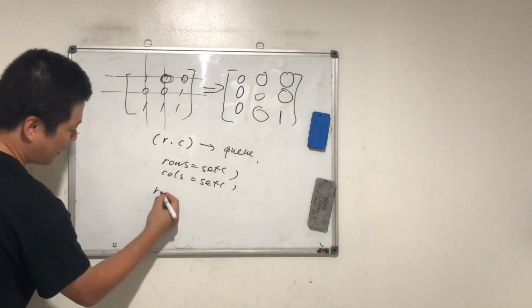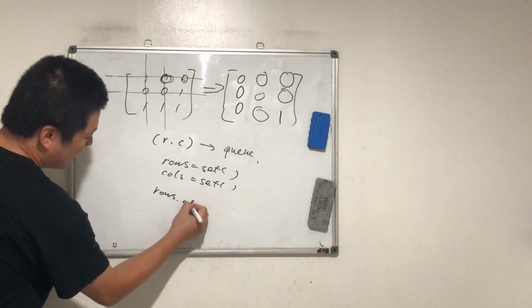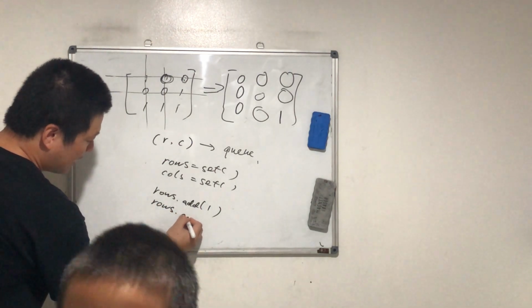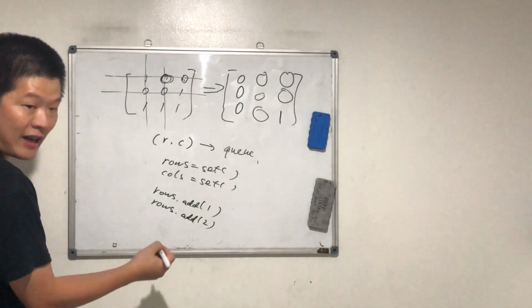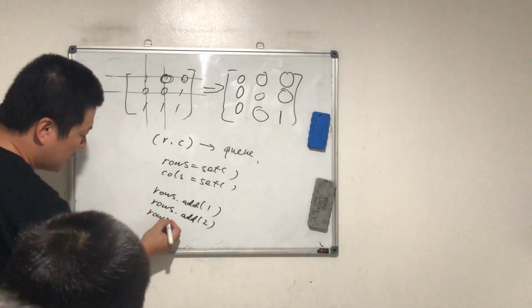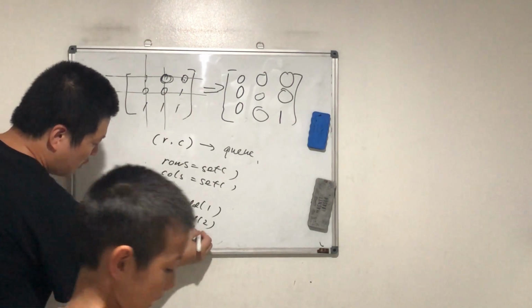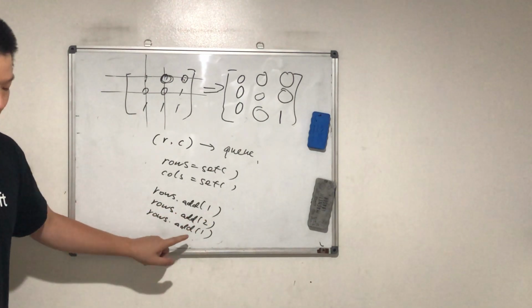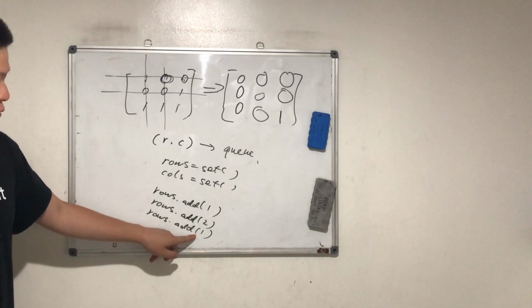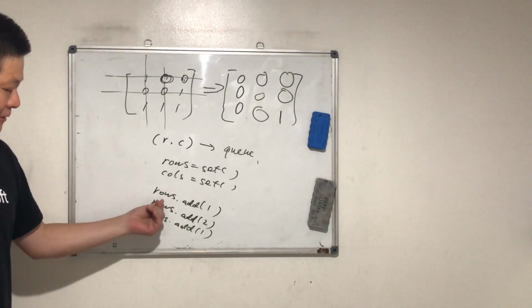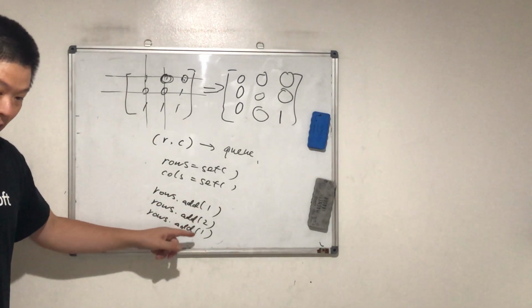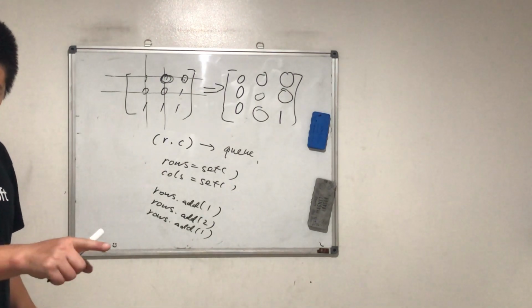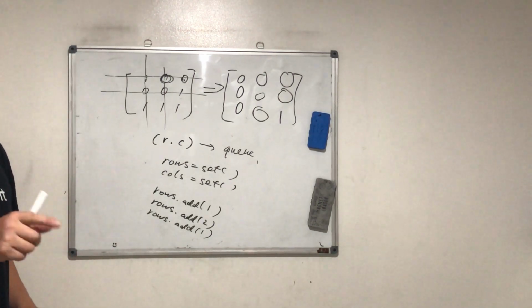For example, rows start at 1, then rows start at 2, and then rows start at 1. What are the elements in the rows? 1 and 2 only.